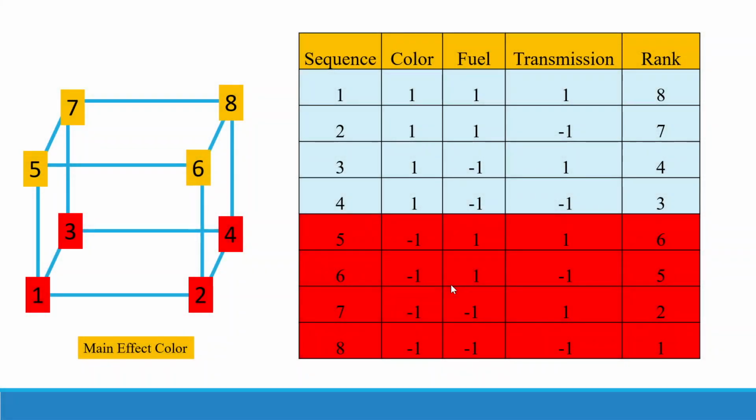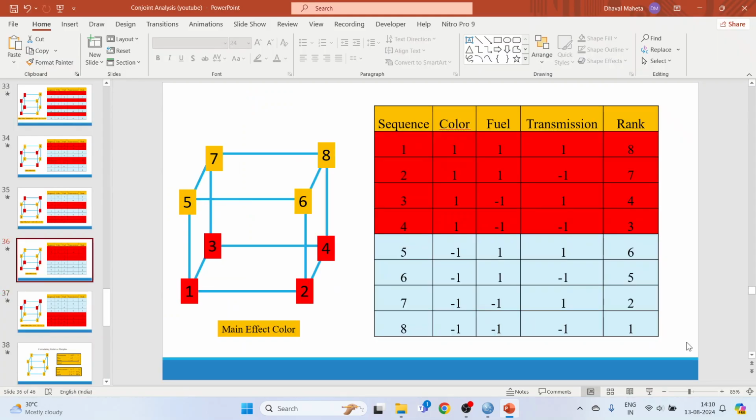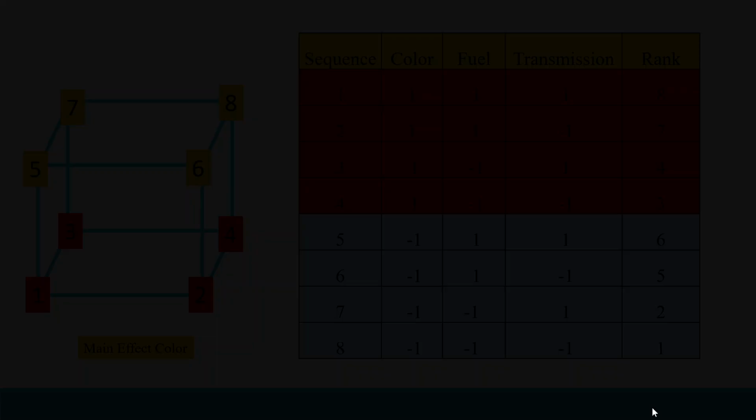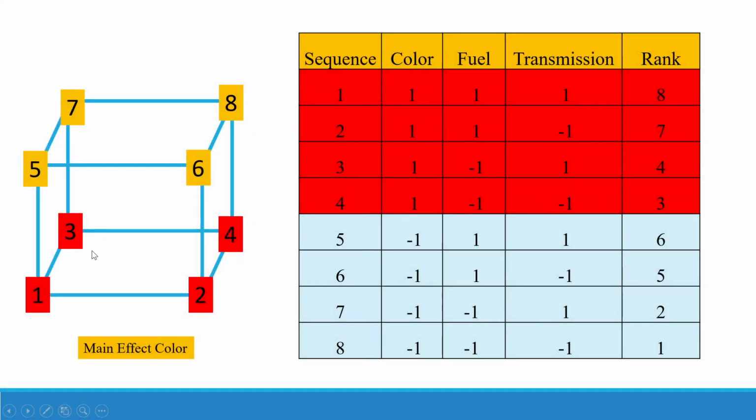So all those profiles which are having 1: 1, 2, 3, 4 have color 1, 1, 1, 1, and the ranks.